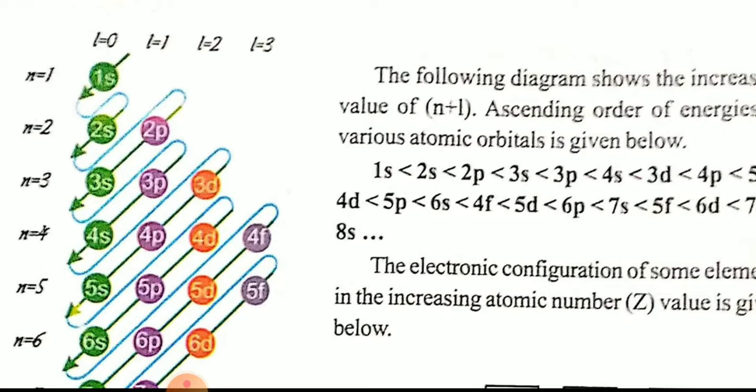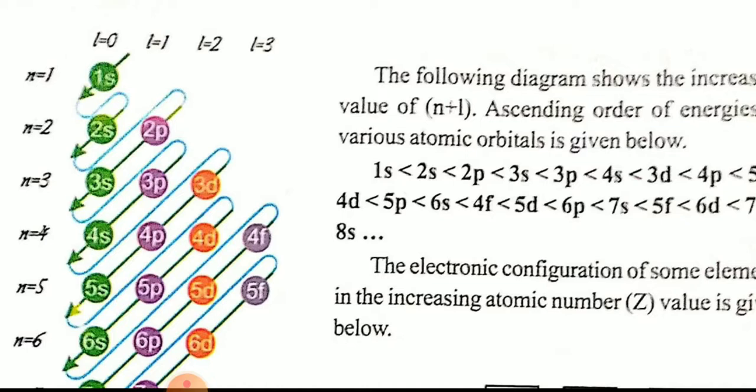For the first shell, n is equal to 1, there will be only one subshell, that is 1s. For all s orbitals, l is 0. For the p orbitals, l is 1. So the n plus l value for the 1s is 1 plus 0, equal to 1.